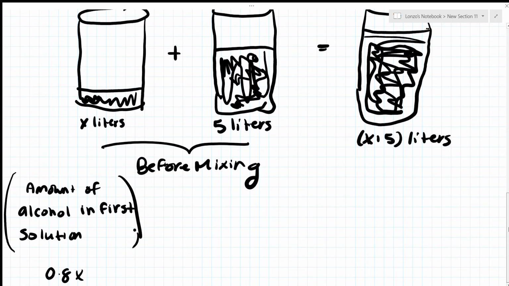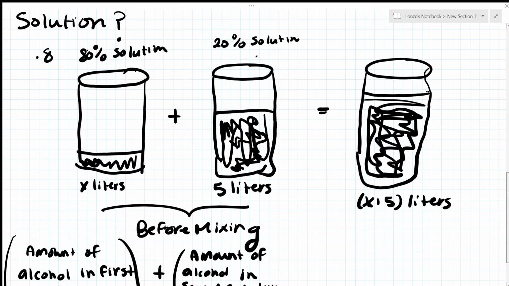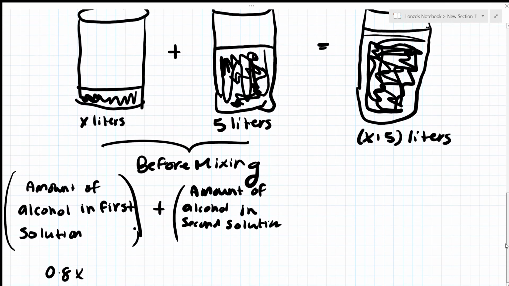What about this one? This one is the amount of alcohol in the second solution. So how much is this? 20%? Yes, 20%. How do you write that in decimal? It's 0.2, and then you times it by 5.